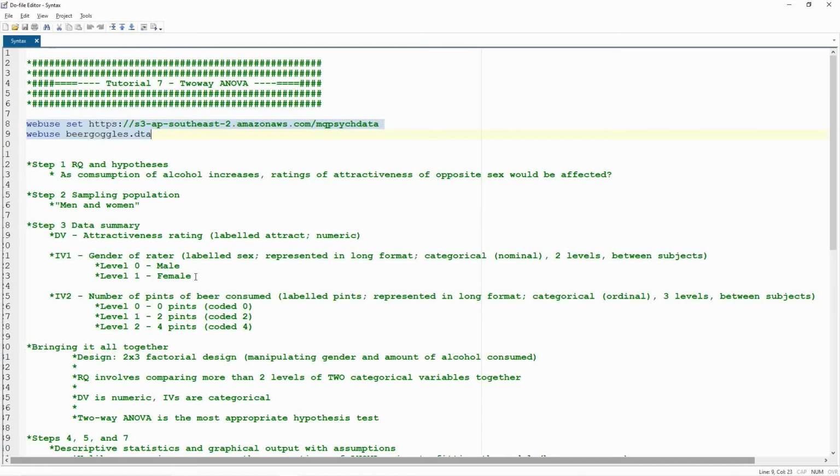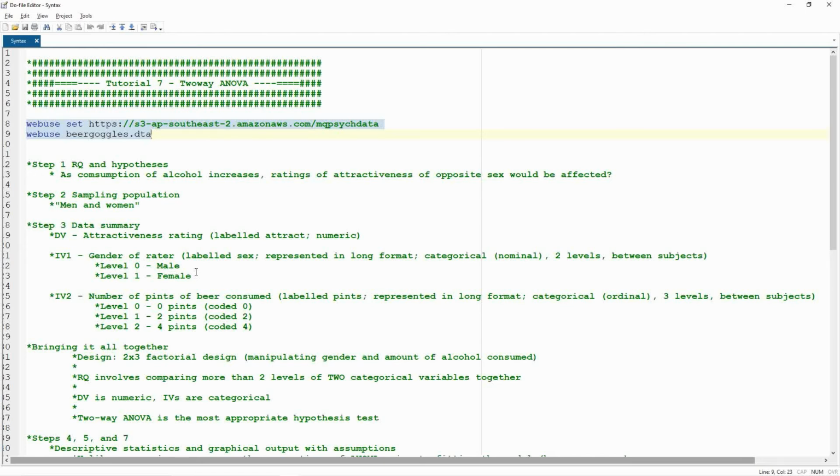And so this ability to actually tease out and say, well, the relationship between one IV, such as alcohol, and the DV attractiveness might actually change depending on the levels of another IV. We call this an interaction. And they're really, really crucial because they change the way that we approach the interpretation of our data. Alright, so we'll get to explain that in a little bit more detail later on, but let's just begin at step 1 and we'll work our way through.